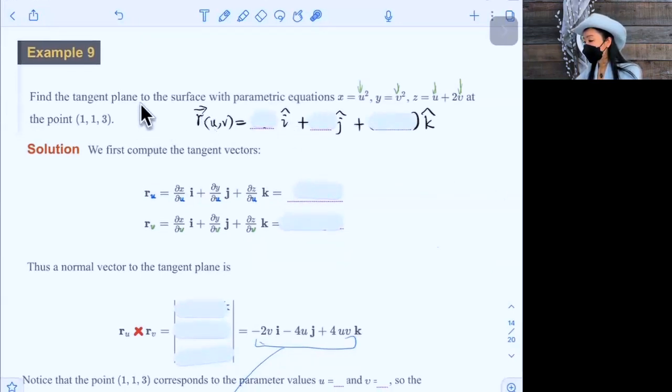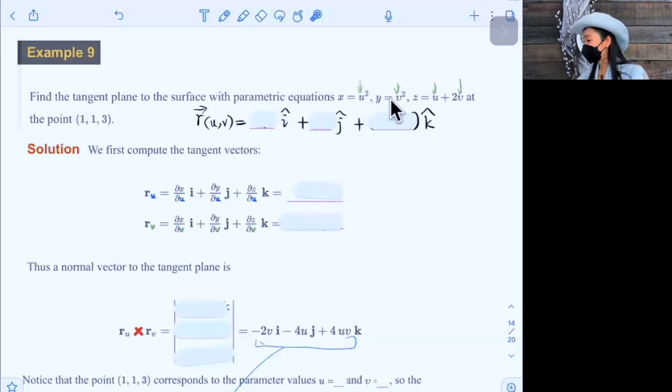Okay, let's look at this example. Example 9. Find the tangent plane to the surface with these parametric equations at the point 1, 1, 3. So at this time, we actually know the point, right? And then we just need to find the normal vector in order to write the equation for the plane. First of all, let's write down the vector equation for that surface.